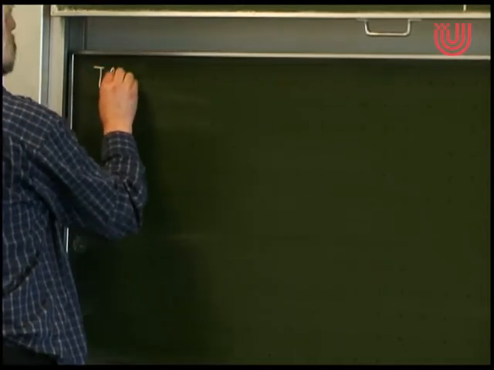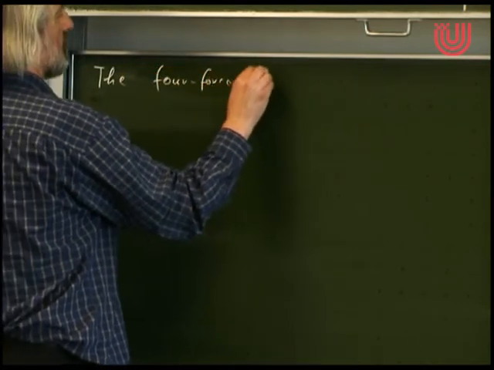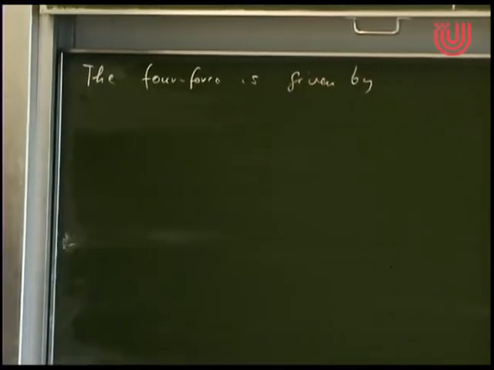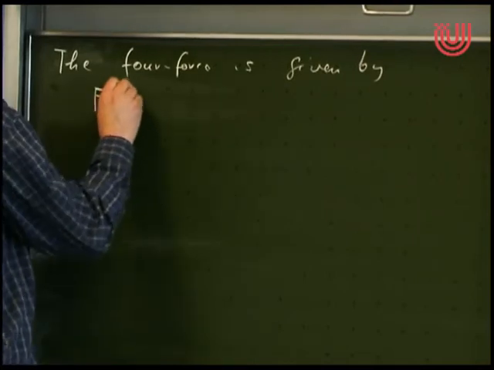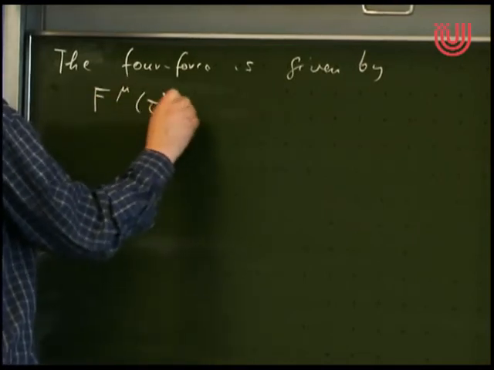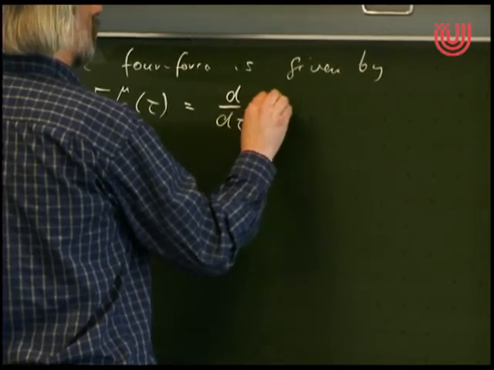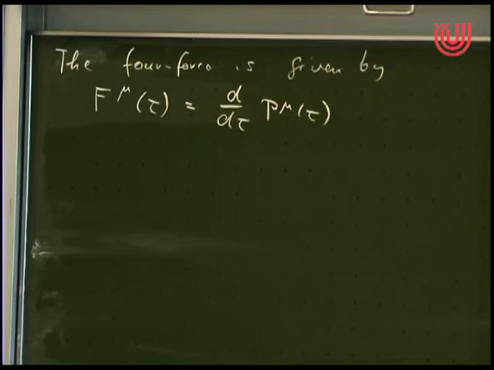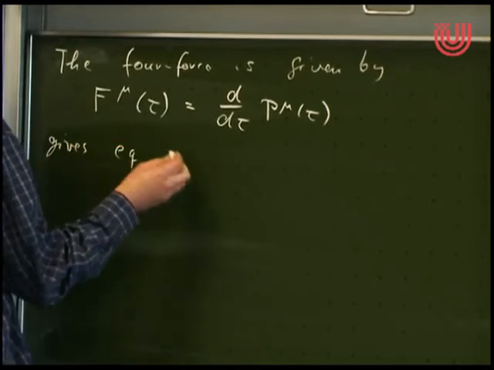So let me write it in this way: the four-force is given by, and now everybody can read this as he or she likes, either as a definition or as a law of nature. Of course, it's a function of tau, and it's just the derivative with respect to tau of the momentum. And this gives the equations of motion.